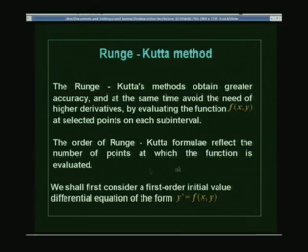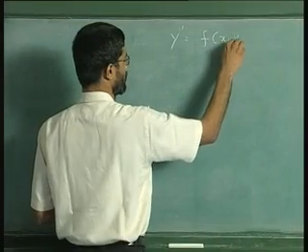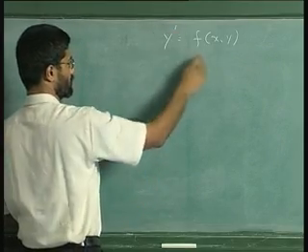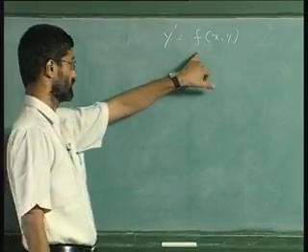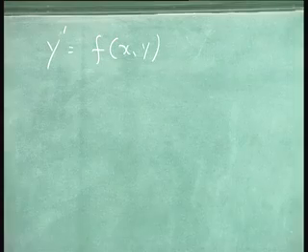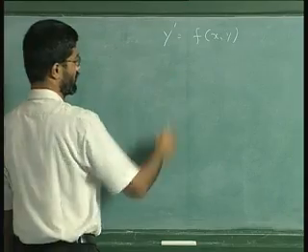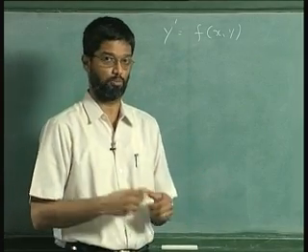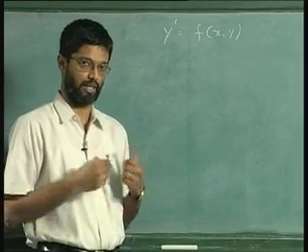So let's just summarize that. We have been writing first order differential equations of the form y prime equals f of x comma y. This prime means the first derivative with respect to x, and this is a function of x and y. We looked at various different methods of solving such differential equations with all the boundary conditions specified at the beginning.